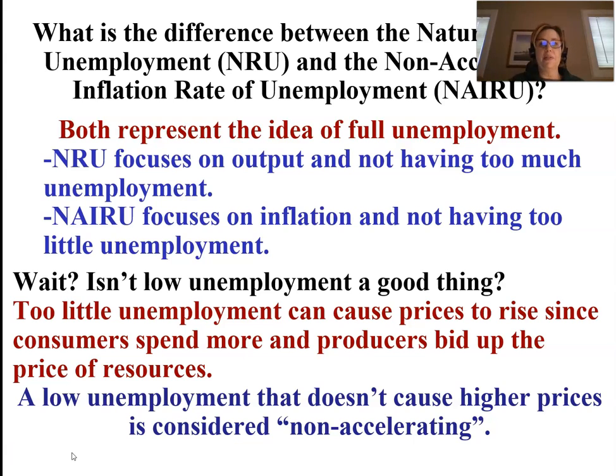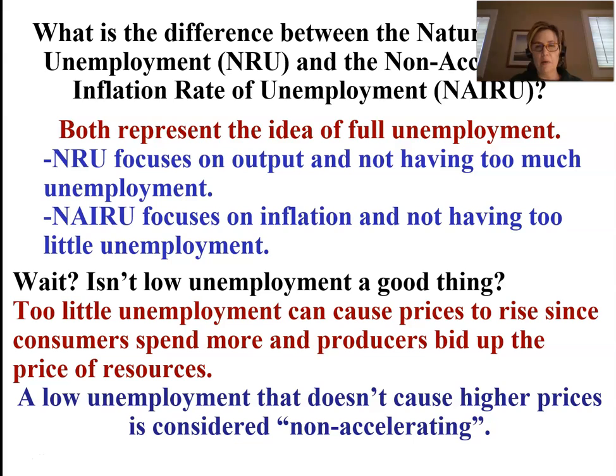What's the difference between the natural rate of unemployment and what we call the non-accelerating inflation rate of unemployment? Both ideas represent full employment. The NRU focuses on output and not having too much unemployment. And the NAIRU focuses on inflation and not having too little unemployment.